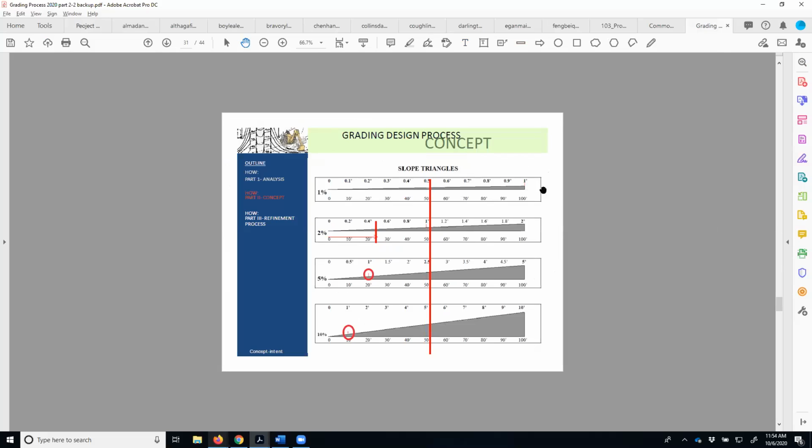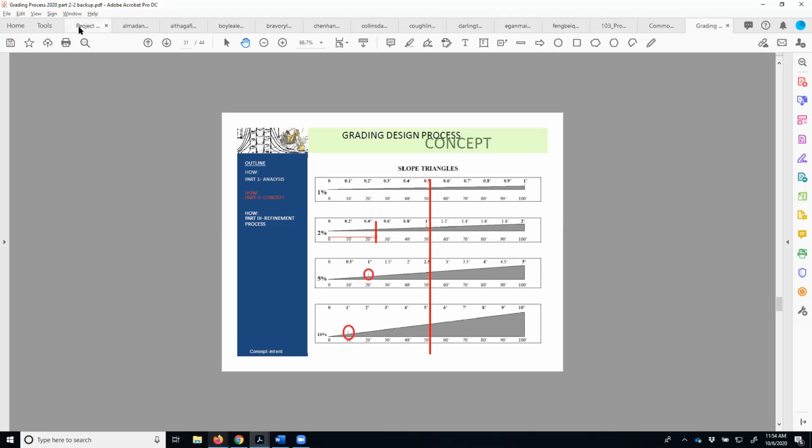That means I could have a drop at 50 feet: I could drop 1 foot at 2%, 2.5 feet at 5%, and up to 5 feet at 10%. You with me? So that's my range I could have for my swale. That's a pretty big range.